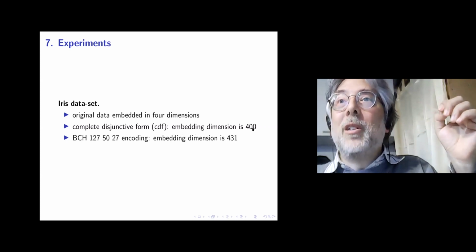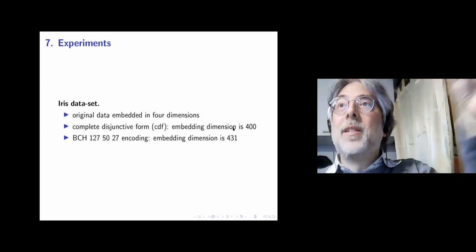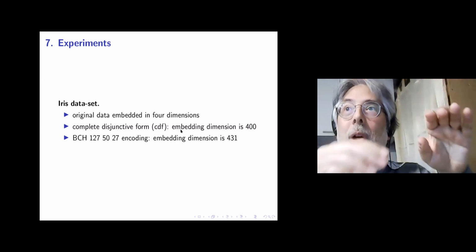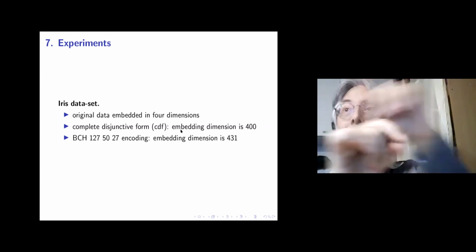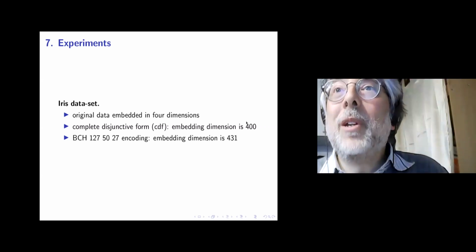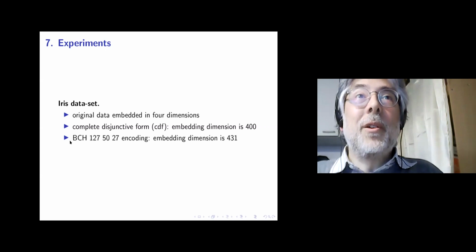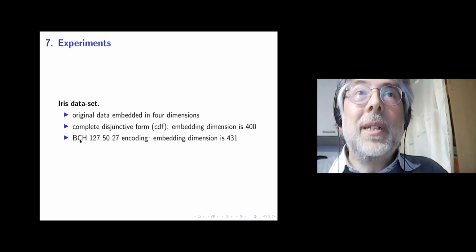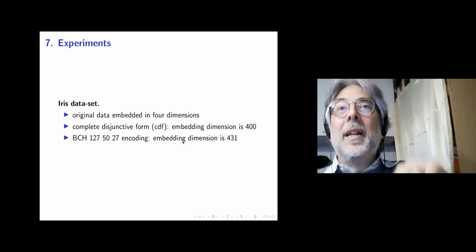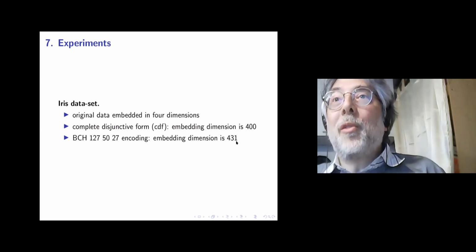Its embedding dimension is 400, and its coordinates are just 1s and 0s: you have an entry or not. And there's another coding that we use, called BCH, after 3 authors, 127, 50, 27, and its embedding dimension is 431.